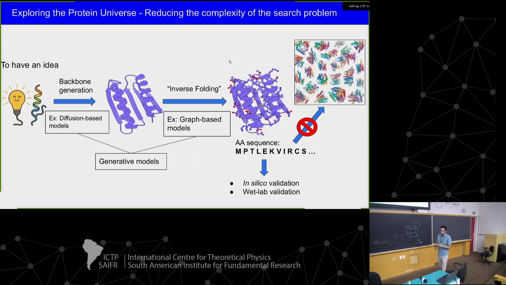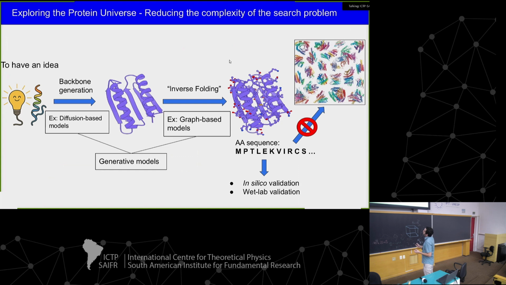So usually what people do is create two steps. We have an idea of the function that you want your protein to perform, right? And you generate a backbone. You don't know what the amino acid is in each position of the protein. It's just a backbone in 3D space, right?